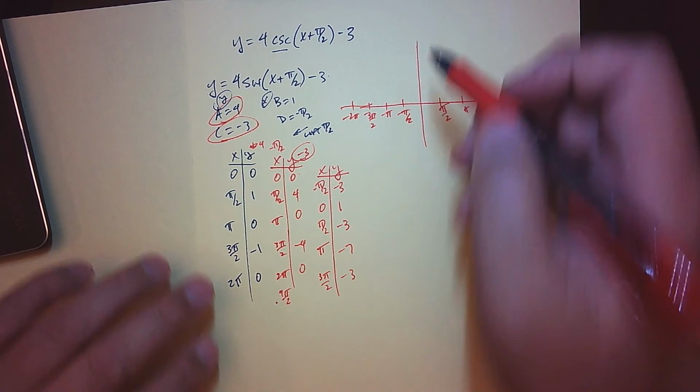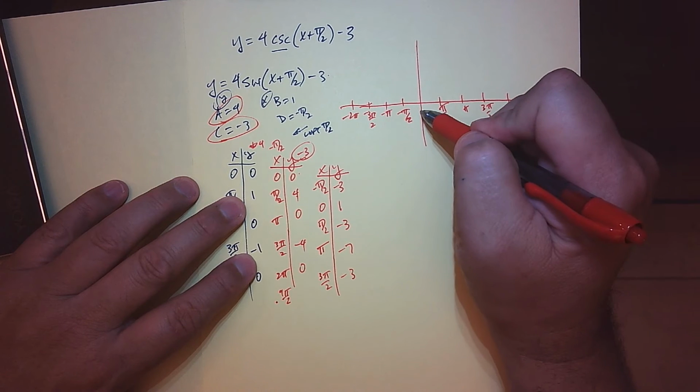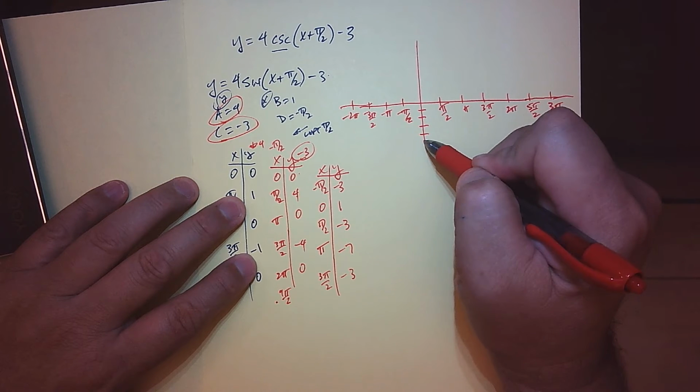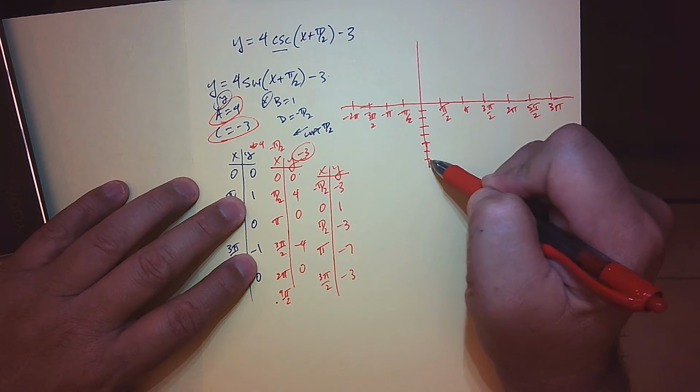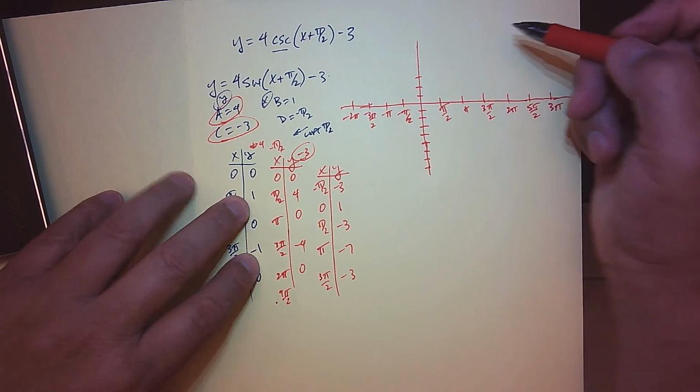And then we're going from -7 to 3, so we've got 1, 2, 3, 4, 5, 6, 7, and 8. And then we have 1, 2, 3. So we've got all our scales down.